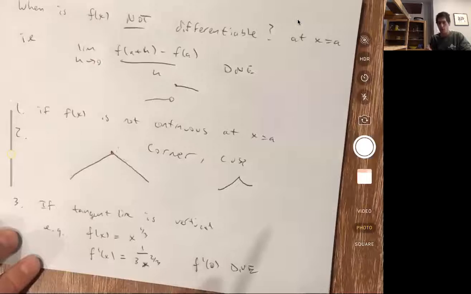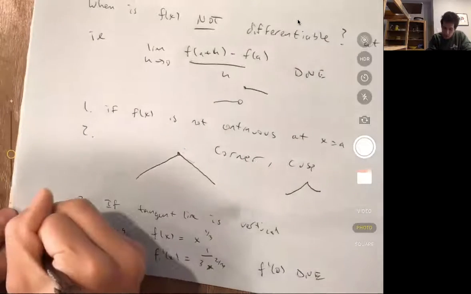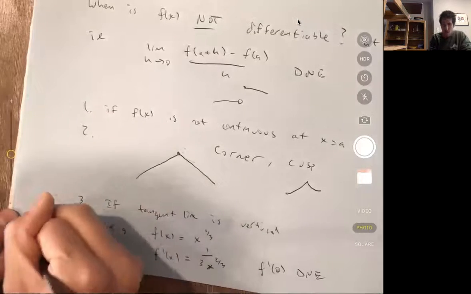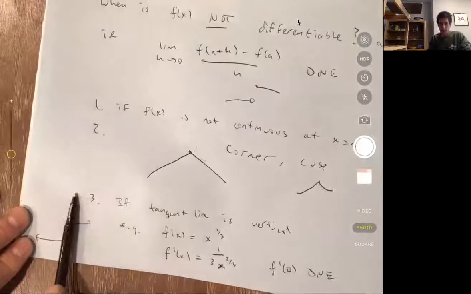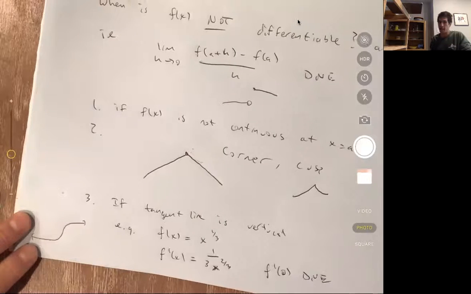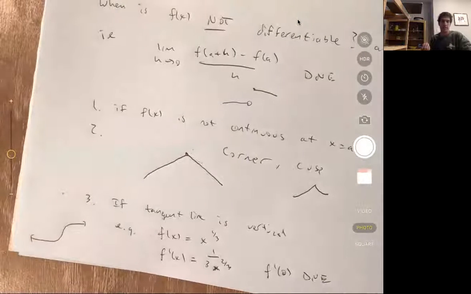And if you look at what the graph of f of x equals x to the 1/3 looks like, at 0 there's a vertical tangent line. The function becomes vertical for an instant at that point. And so in this case, the tangent line is vertical, so this limit doesn't approach a number, right?